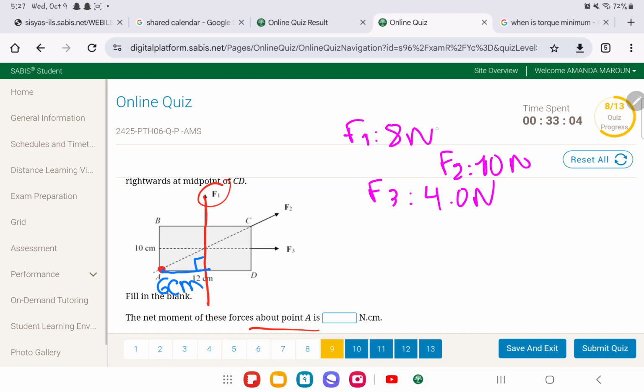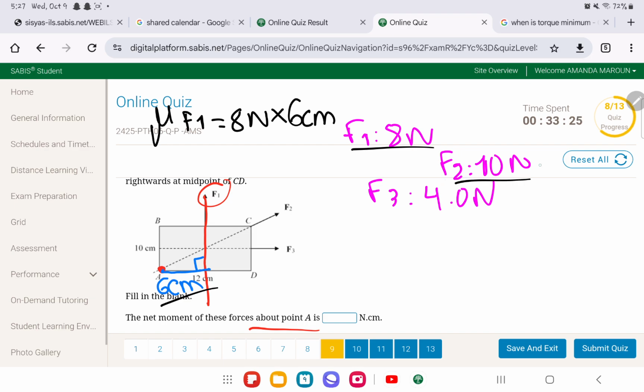So we have the force and the perpendicular distance, so we can apply the moment. Moment of F1 is equal to force times perpendicular distance. Force is 8 newtons multiplied by the perpendicular distance, which is 6 centimeters.